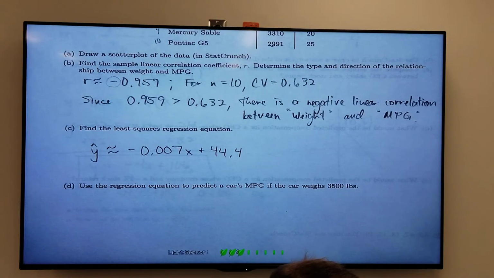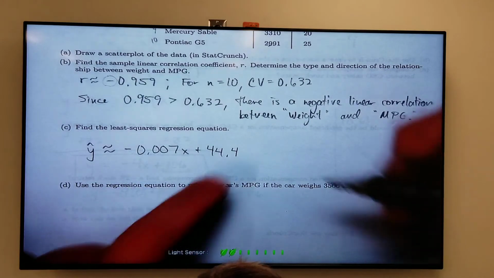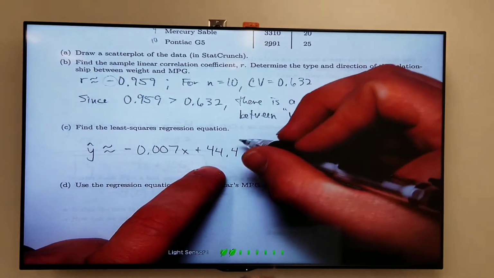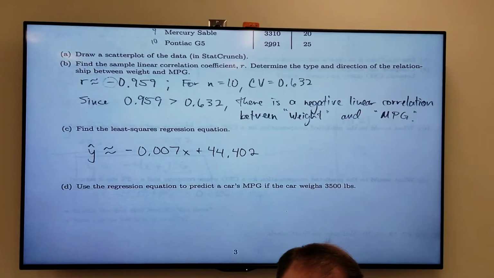I guess to keep it consistent, we could round to the same number of decimal places on both of those numbers. So if I round to 3 decimal places on both numbers, we would say negative 0.007x plus 44.402. So that's probably a better answer.